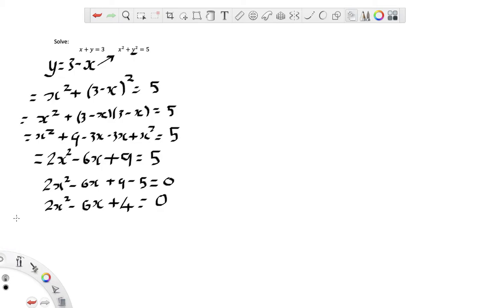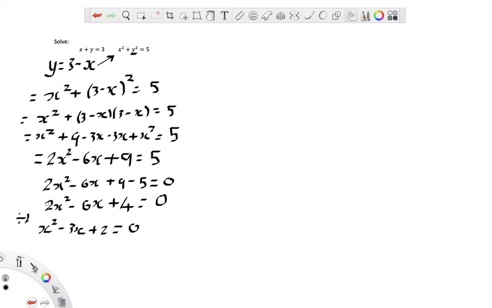So I'm going to write here, divide by 2, I'll get x squared minus 3x plus 2. Why have I done that? Well, having the coefficient of x squared as 1 is going to make this easier to deal with and solve rather than having 2x squared.